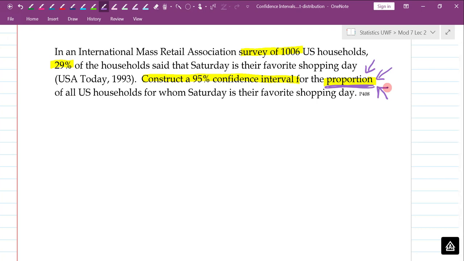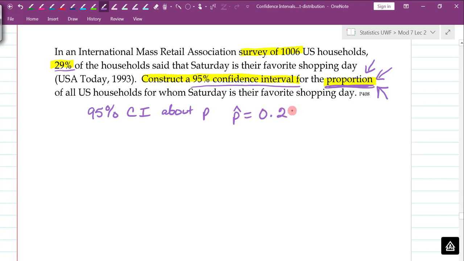So it says proportion, so I'm going to do a 95% confidence interval about P. And then it says that P hat is equal to 0.29. If P hat is equal to 0.29, that would mean that Q hat is equal to 1 minus 0.29, and that is equal to 0.71.